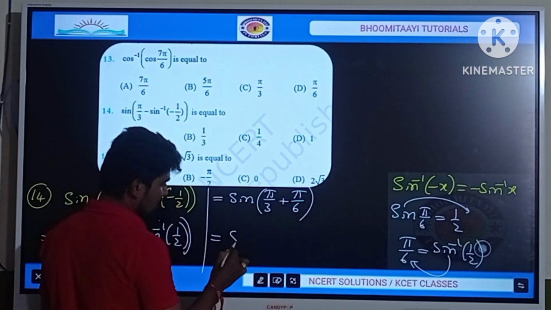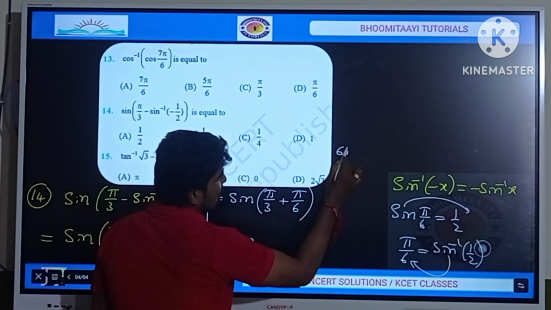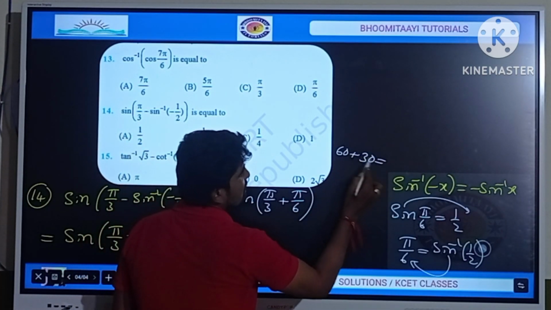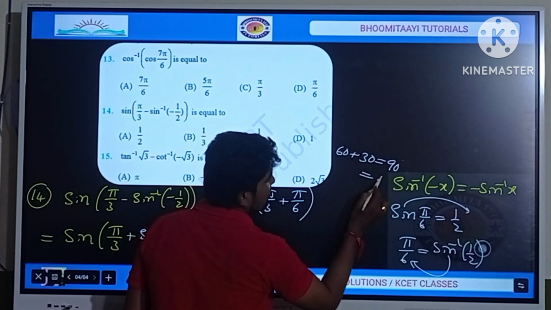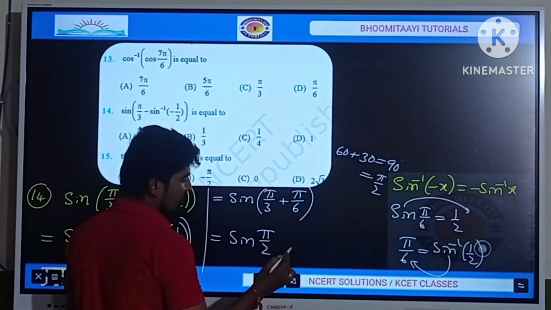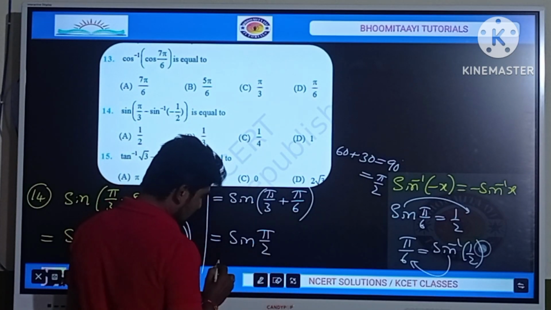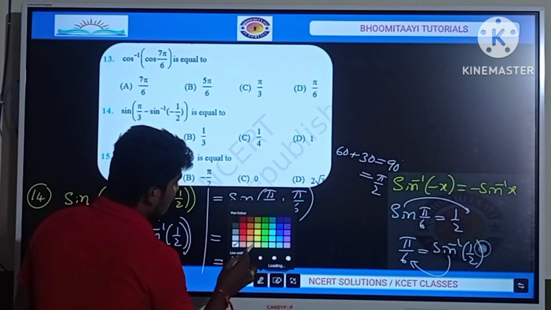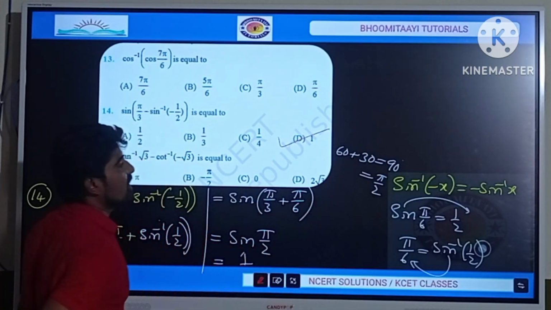Now which is equal to sin of, we know that pi by 3 is equal to 60 degree plus pi by 6 is 30 degree. So 60 plus 30 is 90 degree, and 90 degree is equal to pi by 2 radians, which is equal to sin pi by 2. Or we can calculate by taking the LCM also. And we know that the value of sin pi by 2 is equal to 1. Therefore, in question number 14, option D is the required answer.